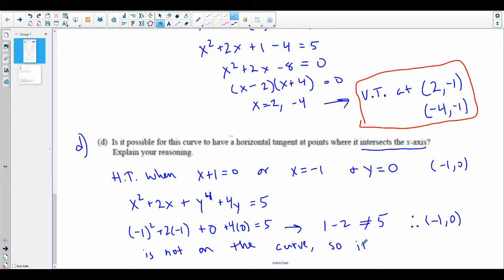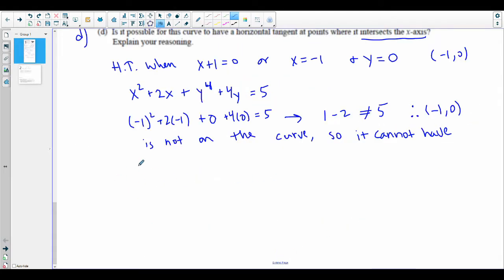So it cannot have a horizontal tangent at negative 1, 0. That's it.